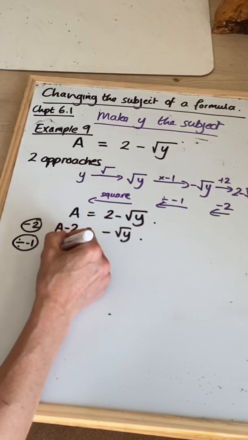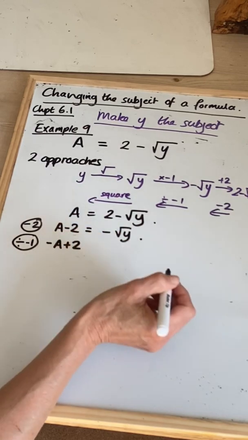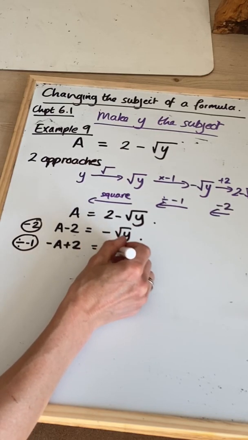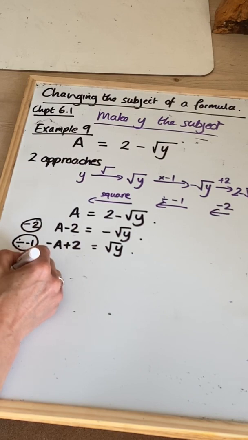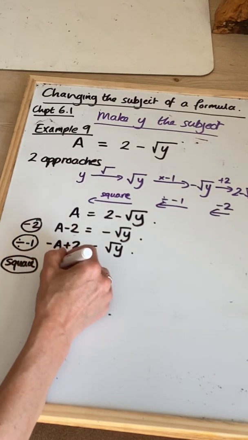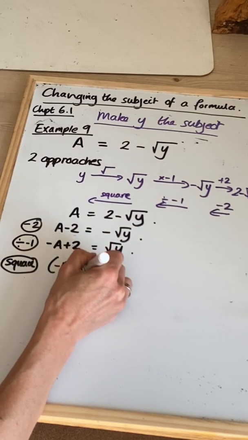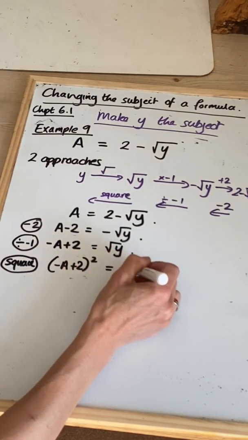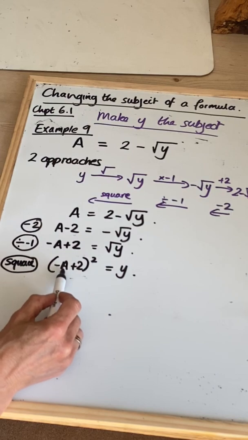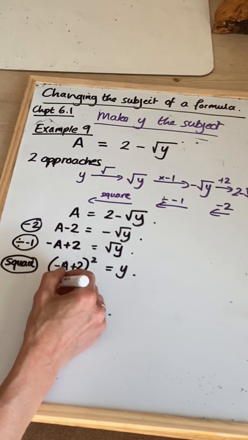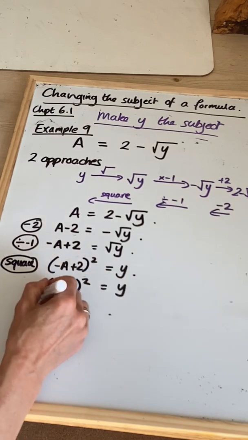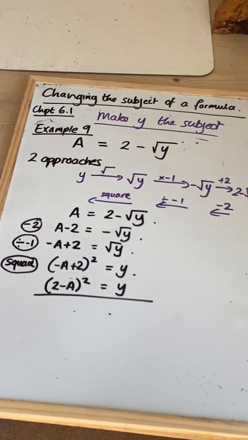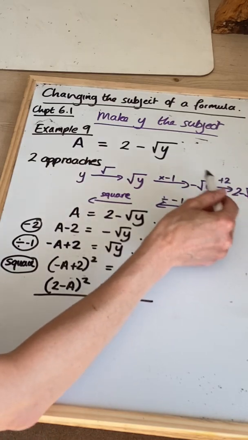So this is going to become minus a plus 2, and this is going to become just root y. And then the final thing we're going to do is square it. So this whole thing, minus a plus 2, gets squared. That equals y. I never like starting something with a negative, so I think there I would just write 2 minus a instead. So we've basically gone through the whole process.